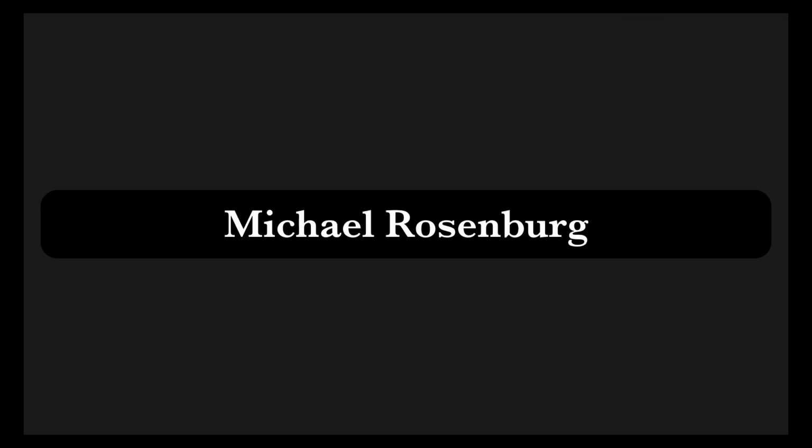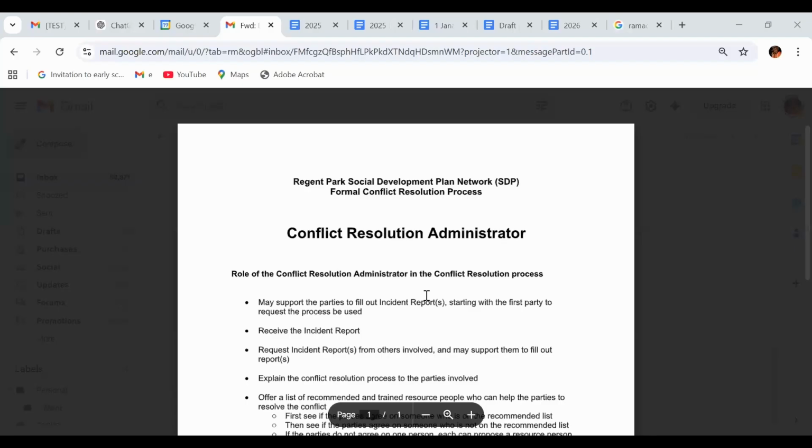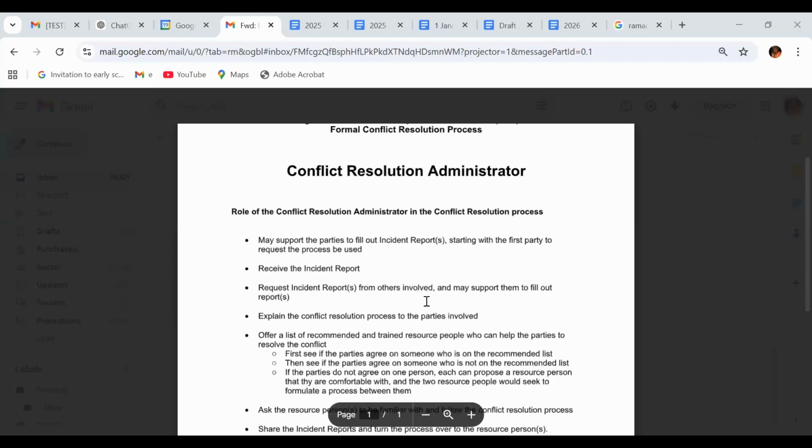And Wally, can you bring up Michael's document? Okay, so overall, we have a number of different documents that fully describe the conflict resolution process. This is just excerpted from those to take the parts that refer to the conflict resolution administrator.